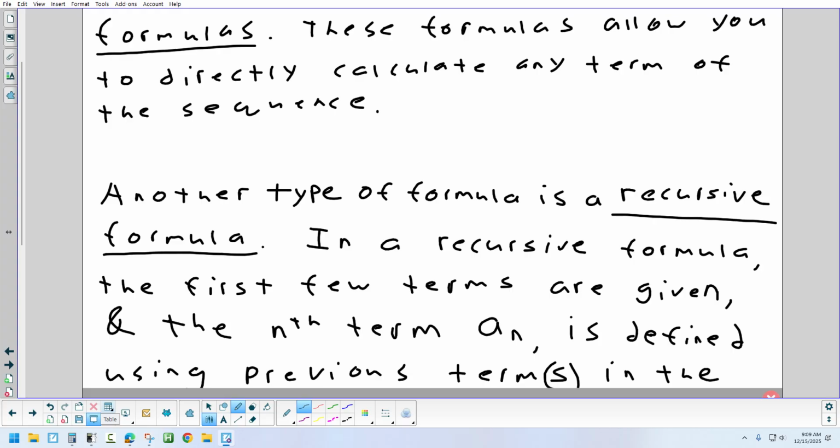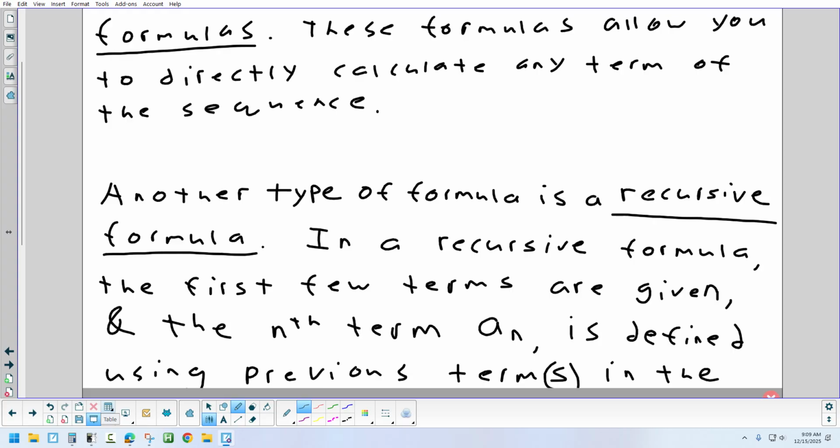If you make one mistake early on in the sequence, everything else after that is going to be messed up. Kind of like when you're building a wall out of bricks. You got to make sure every course is level, because if the bottom one isn't level, then every course after that isn't going to be level. So you got to make sure that it's correct each time you go.